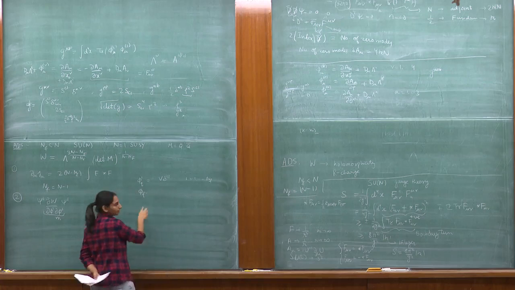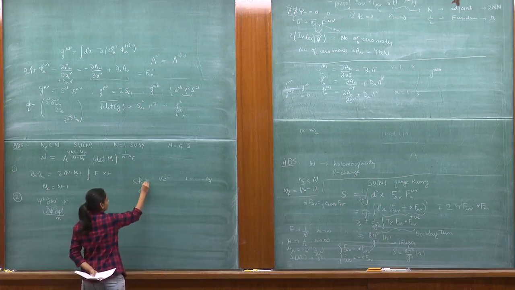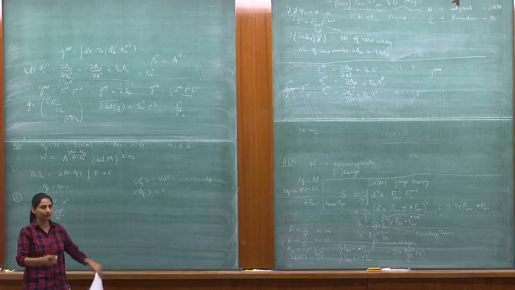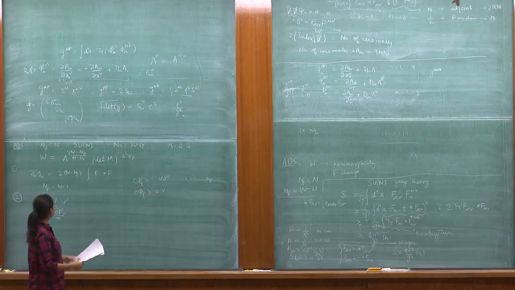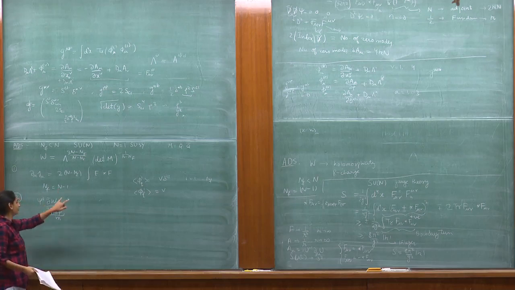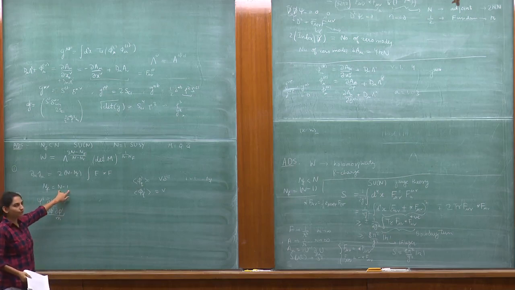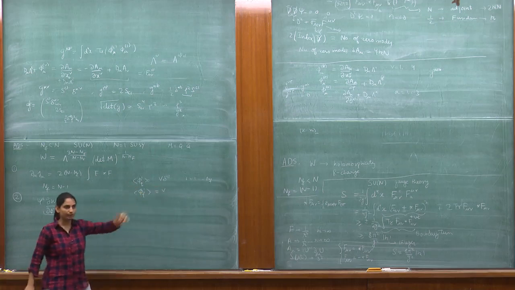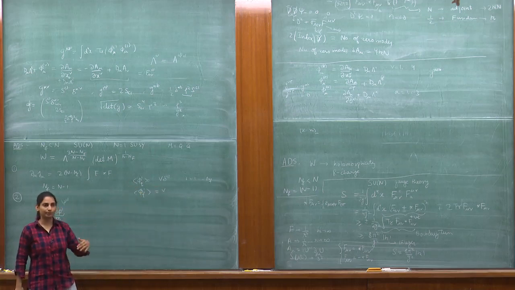The same expectation value is given to phi_Q bar. This is what we were doing before: we gave the expectation value to the fields. So notice that for N_F equal to N minus 1, there are N minus 1 of these V's. Hence, the gauge group in this vacuum is completely broken.